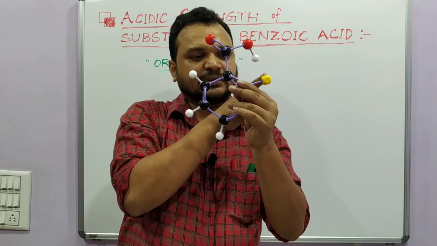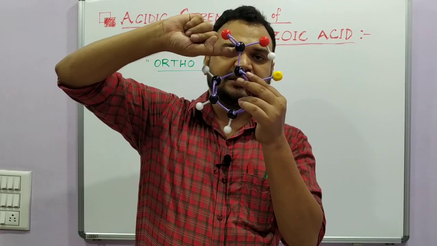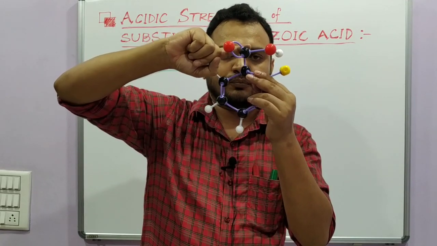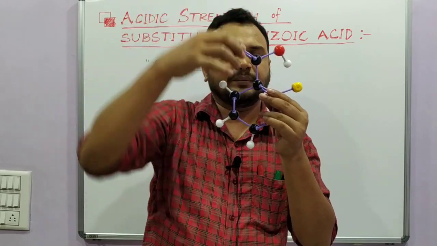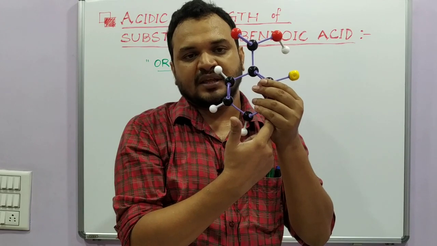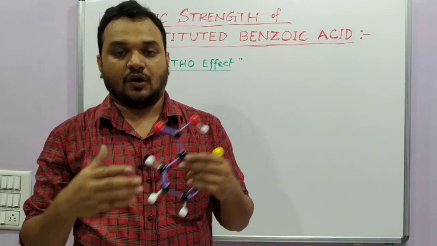This is the benzene ring, it was in this plane. As soon as you put some substituent at the ortho position, because of severe steric interaction, this COOH group goes out of plane. As soon as it goes out of plane, the p orbital of this C double bond O is no longer parallel with the p orbital of the benzene ring. As a result, the resonance is stopped, or disturbed.